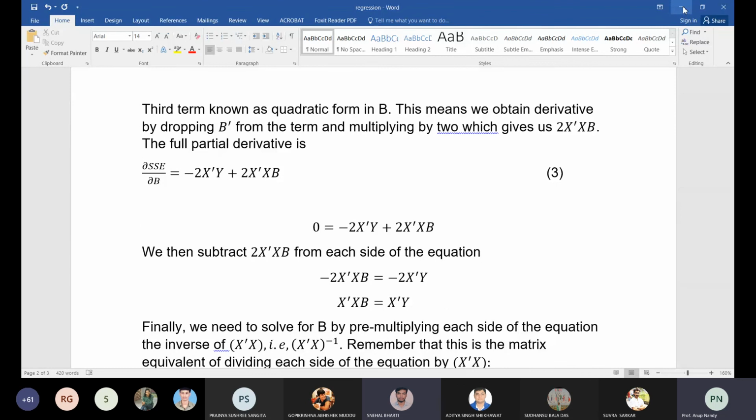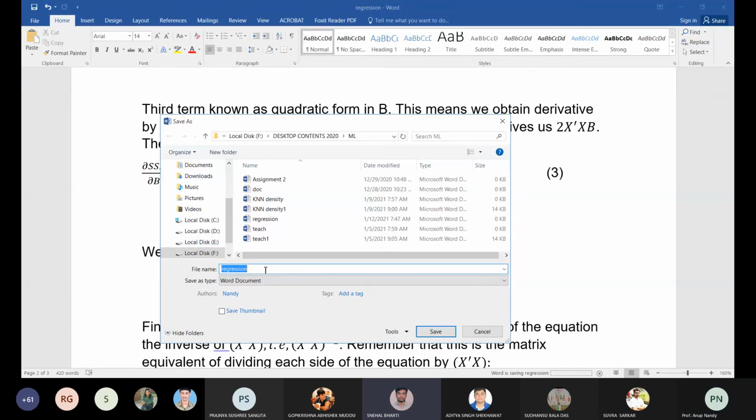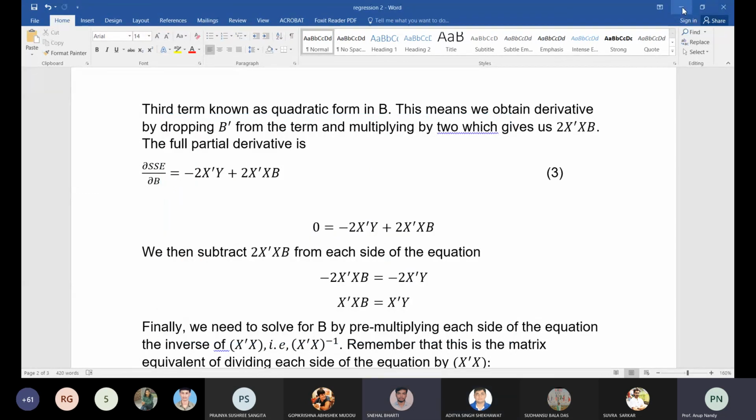Also, sir, can you share those documents which you've been preparing while teaching us during the class? Yes. For the last class that I explained, KNN density and all other things. Yes, sir, all of those documents, the current document which you prepared and for all the previous classes as well, sir.